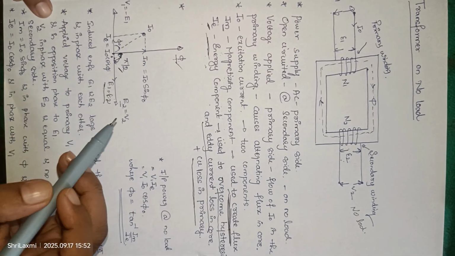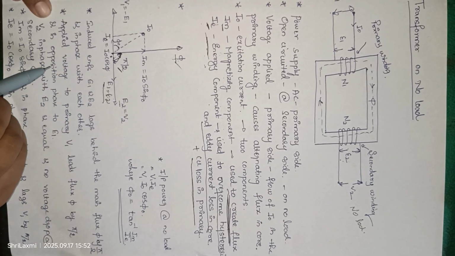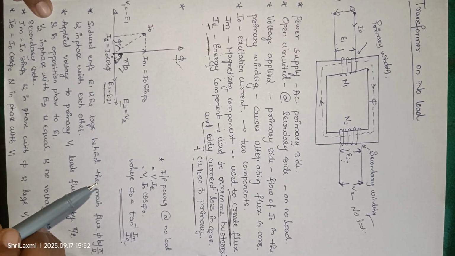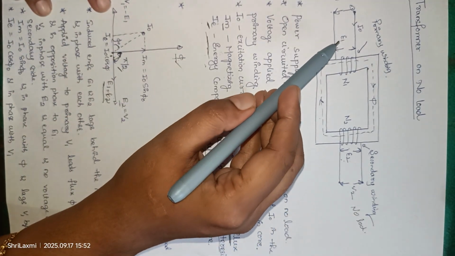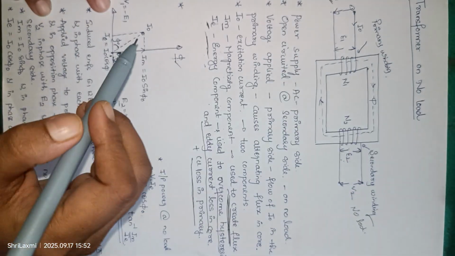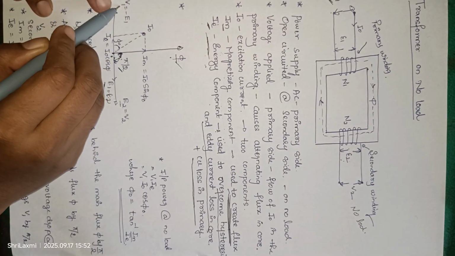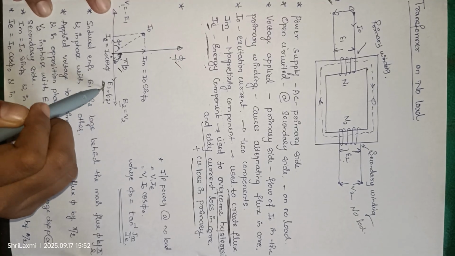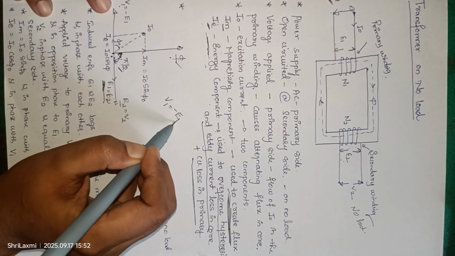And then the applied voltage V1 leads the flux by an angle pi by 2, and it is opposite to E1. So V1 leads the flux by an angle pi by 2, but it is in opposition with the induced EMF E1. So V1 is equal to minus E1.